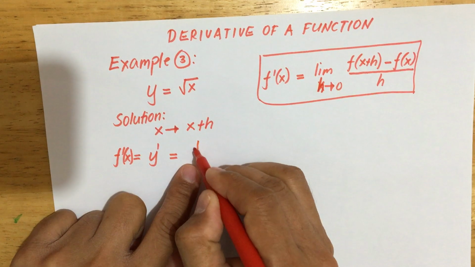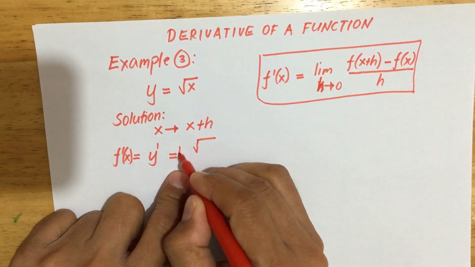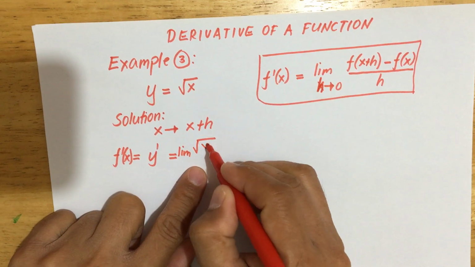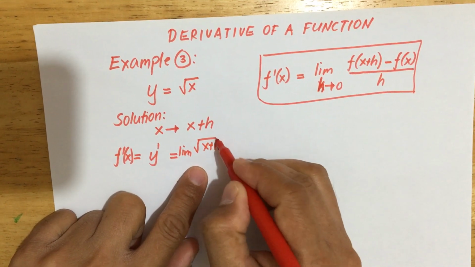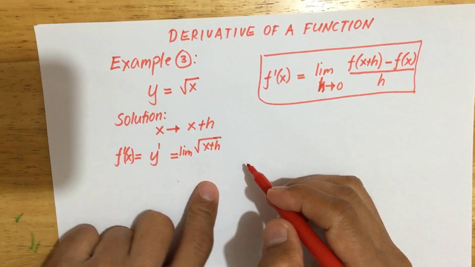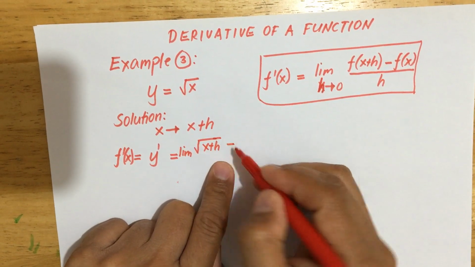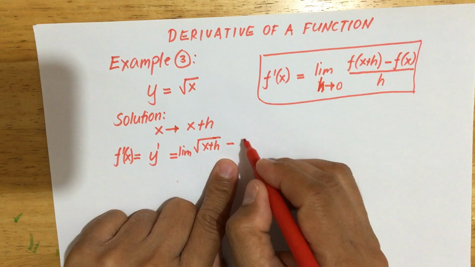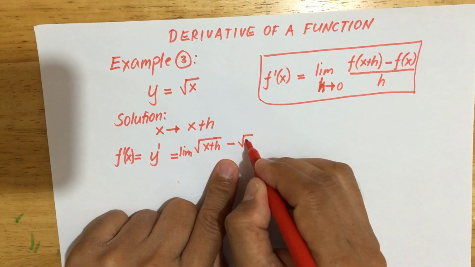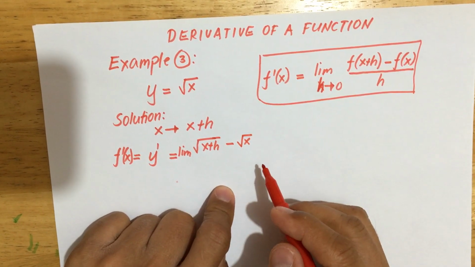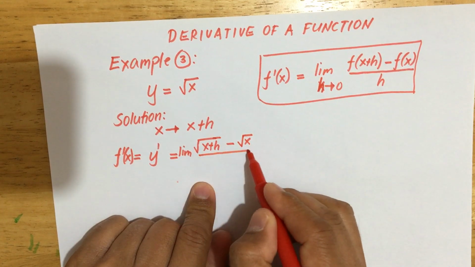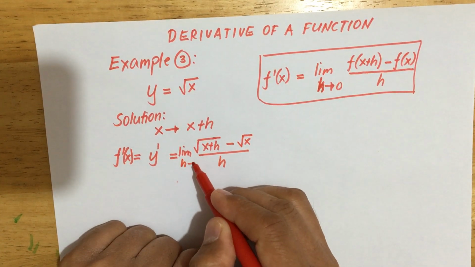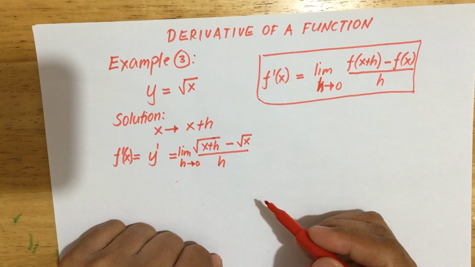By the way, this is the limit of the square root of x plus h, then minus the function of x, or function of x equal to square root of x, divided by h as h approaches 0.